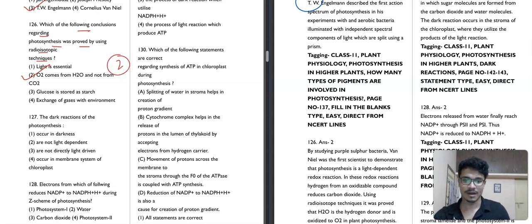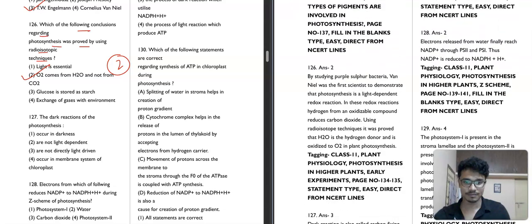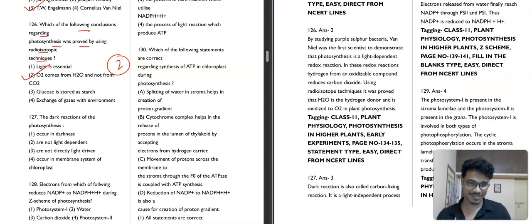Then question number 127. It is saying that the dark reaction of photosynthesis occurs in darkness. Very good question, right? Then are not light dependent. Okay. Are not directly light driven. Occur in membrane system of chloroplast. Which of the things is correct, do you think?